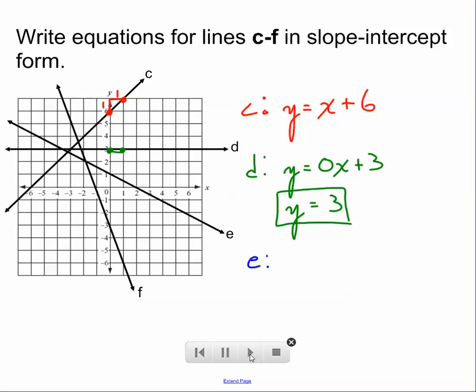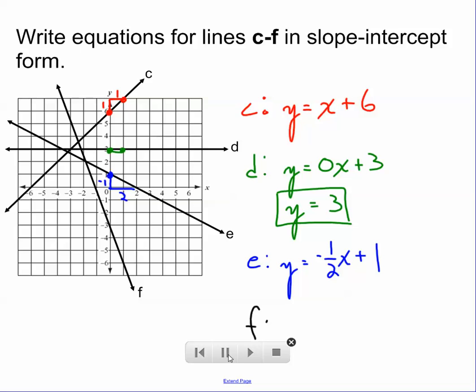How about E? I see a slope of down 1 and over 2, so that's a slope of negative 1/2. So we'll go negative 1/2 x, and a y-intercept of 1. That's where it intersects the y-axis.